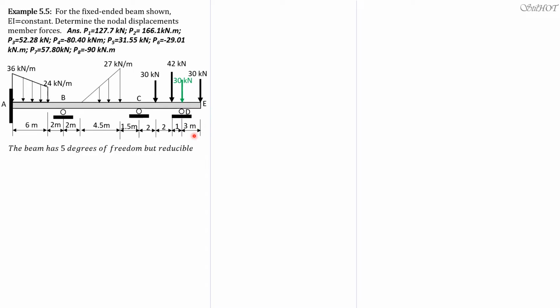But we can reduce this to 3 so that you can use your calculator by disregarding DE first, but we only consider the moment produced, which is 30 times 3. So it should be counterclockwise for DE.